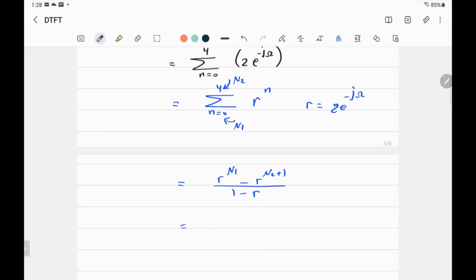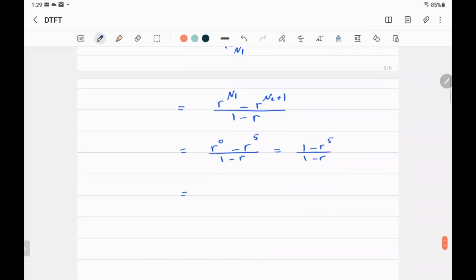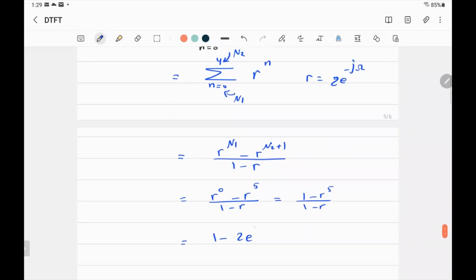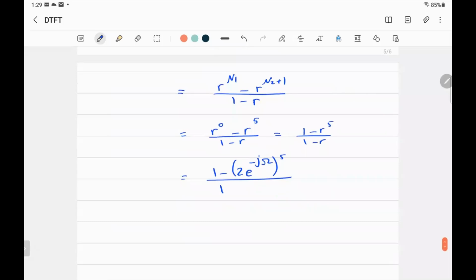So you have R power 0 minus R power 5 over 1 minus R. That's 1 minus R power 5 over 1 minus R. Now you're ready to put this ugly formula of R, 2e to the minus j omega, to the power 5, over 1 minus 2e to the power minus j omega.